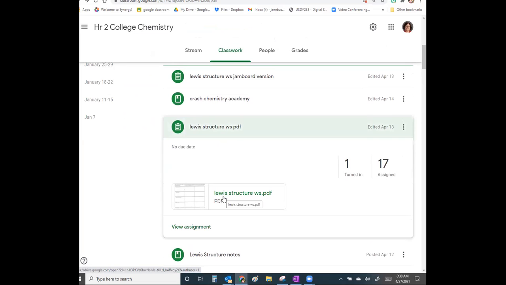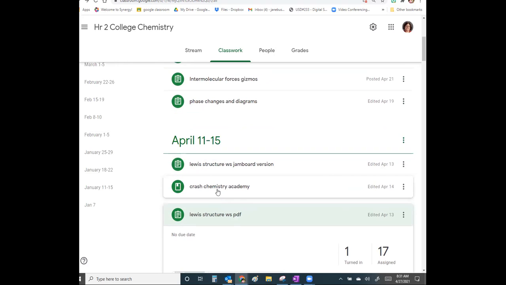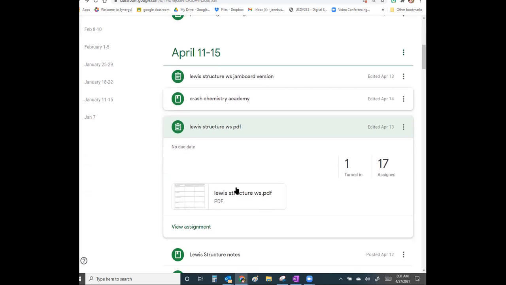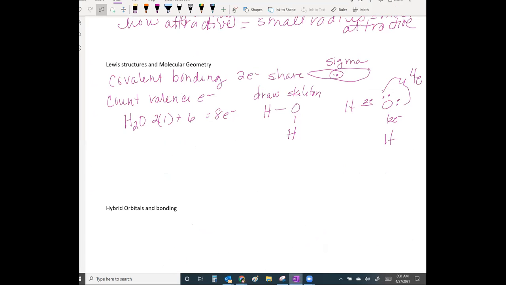I also made a Jamboard of it, so you can go on the Jamboard and draw the Lewis structures. And Crash Chemistry Academy does a nice job of explaining Lewis structures. Okay? So, Lewis structures are simply drawing out the molecules.